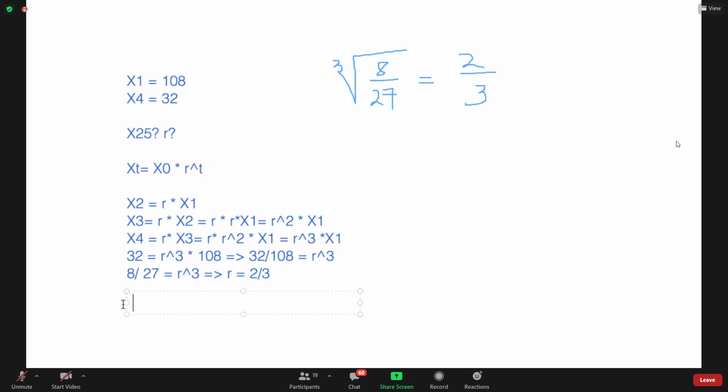Great. So now we go on. We will calculate x0 by introducing the formula x1 is equal to x0 multiplied by r to the power of 1. Why?